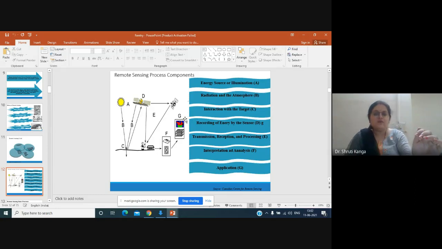So starting from the illumination, where we focus on the energy source, we process these remote sensing data sets through different components: radiation, interaction, recording, transmission, reception and processing, interpretation and analysis, and finally the application of those data sets.